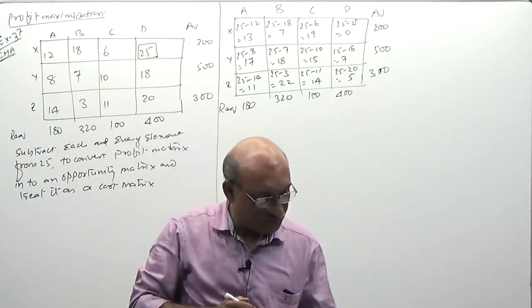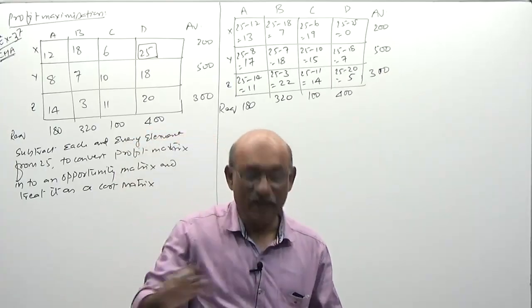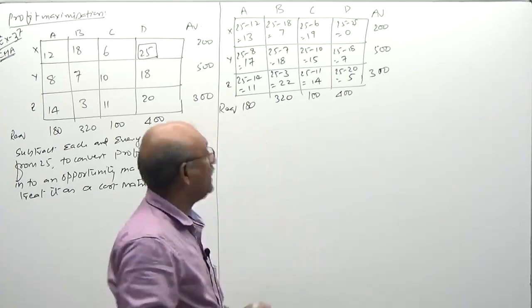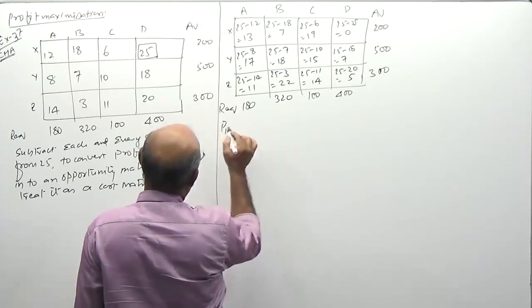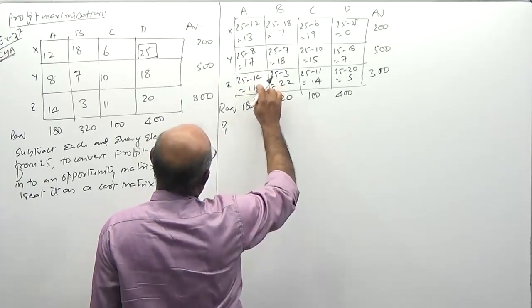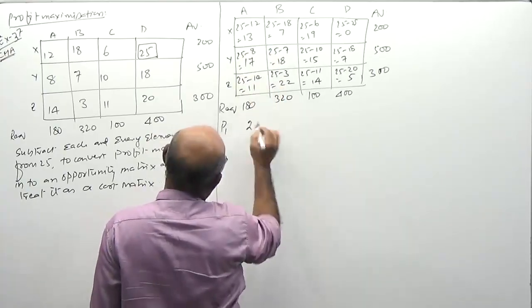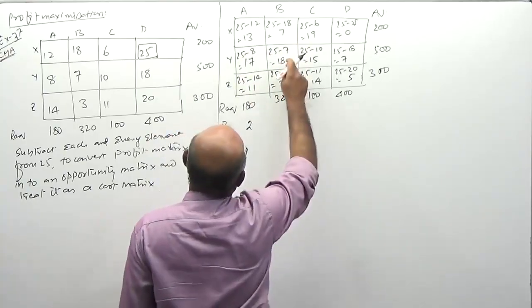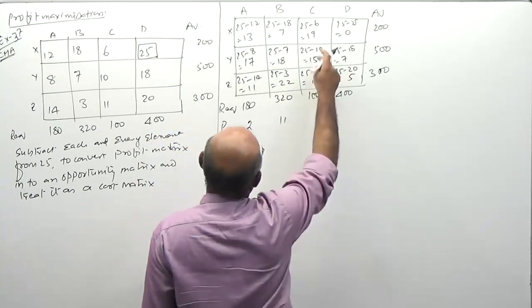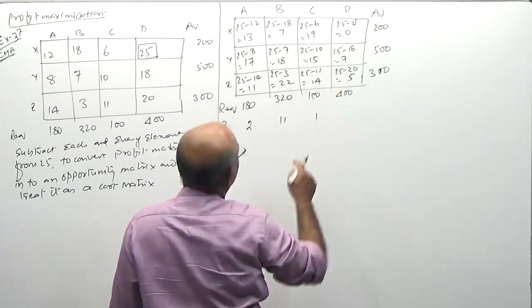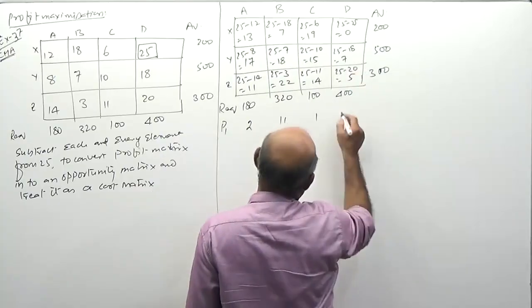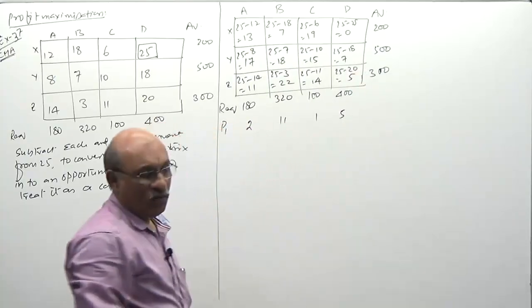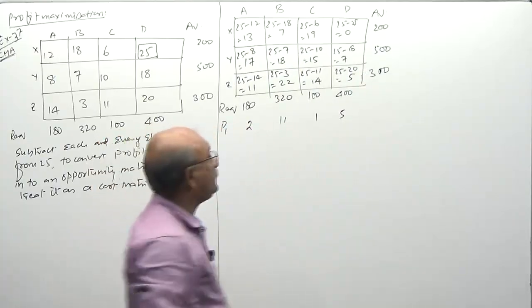Let's calculate the initial solution by Vogel's approximation method. Column penalties: lowest 11, second lowest 13, difference 2; 7 and 18, 11; 14 and 15, 1; 0 and 5, 5. Column wise penalties are calculated.